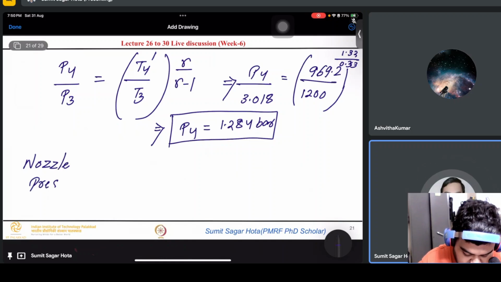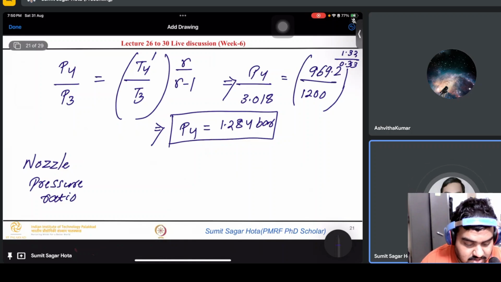Nozzle pressure ratio. Always remember, the nozzle is always placed after the gas turbine. That means whatever the pressure at the exit of the turbine will always be in the numerator, because the pressure ratio cannot be less than 1.